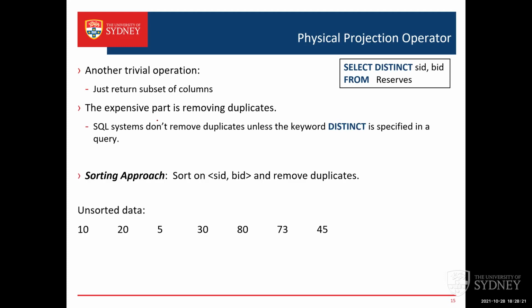So that's the thing, right? Let's say this is the data I currently have, and I got 10, and I want to check whether 10 is a duplicate or not. How can I check? First of all, think about this unsorted data.